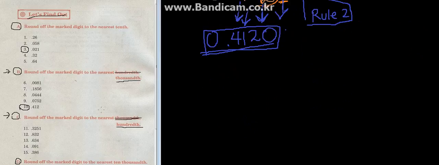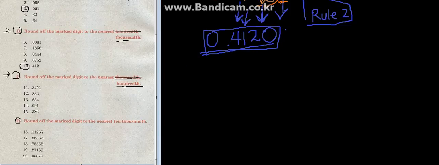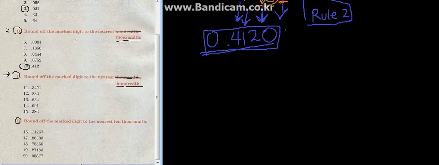Okay, now let's move to Part C. Part C says round off the marked digit to the nearest hundredth. And for Part C, how about number 14?